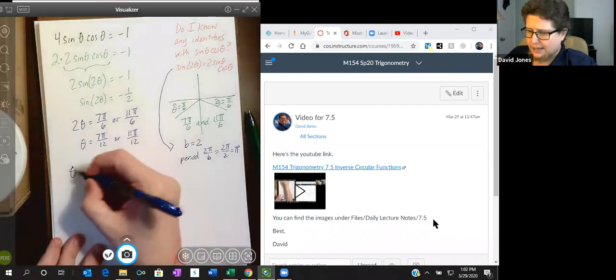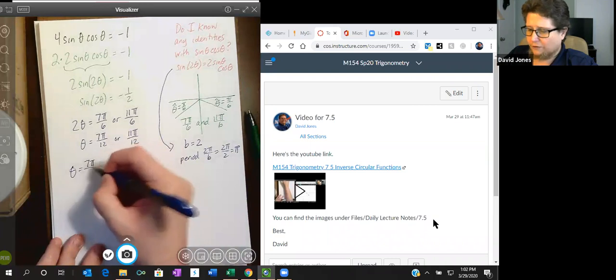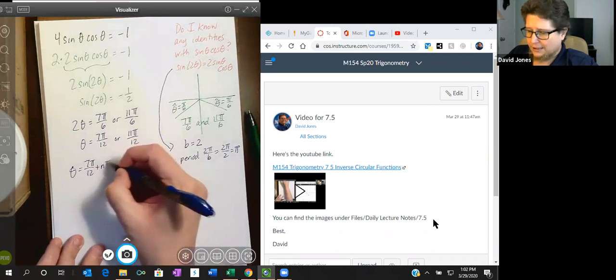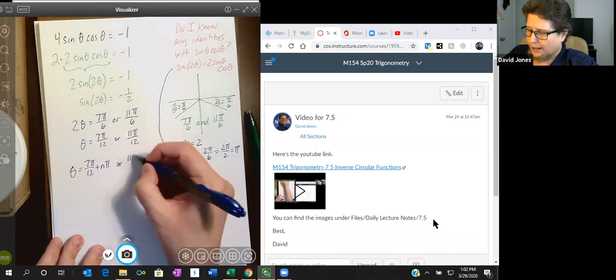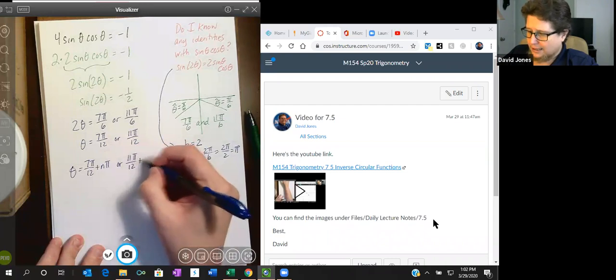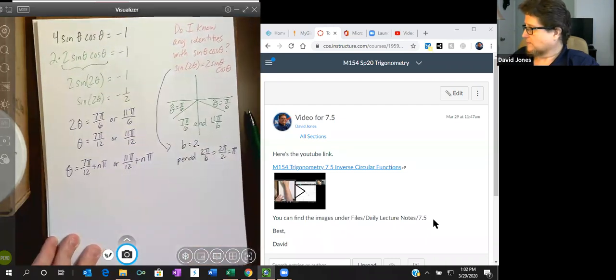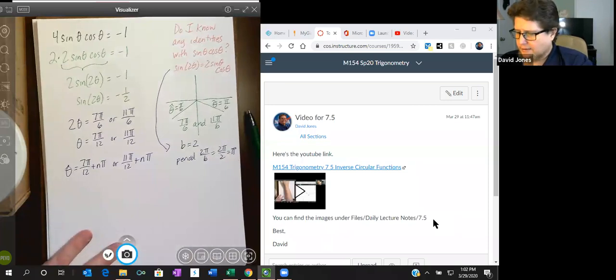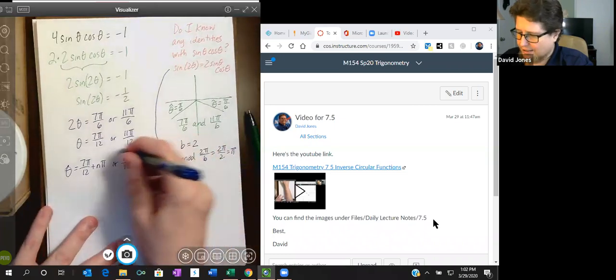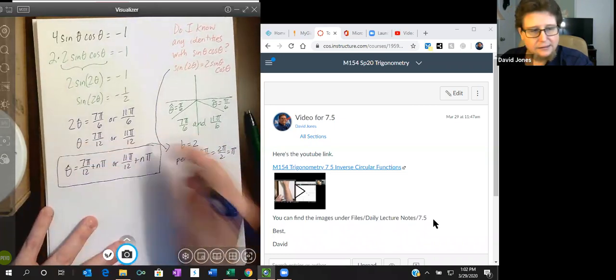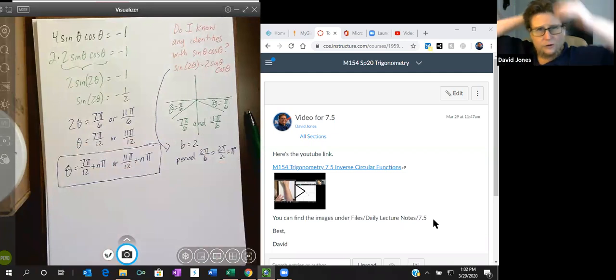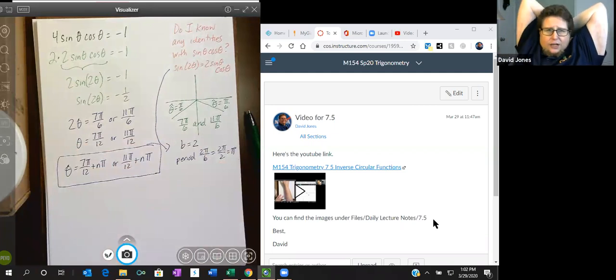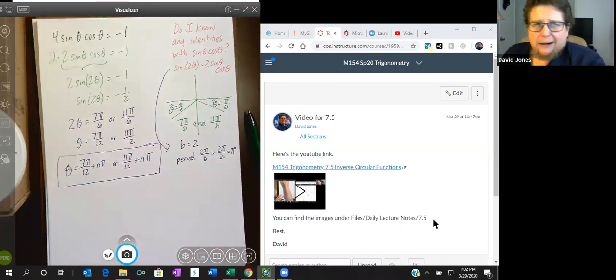So this is theta equals 7 pi over 12 plus n pi, or 11 pi over 12 plus n pi. A lot of solutions. So when you have different angles, half angles, stuff like that, you got to check the period, check how often it repeats.